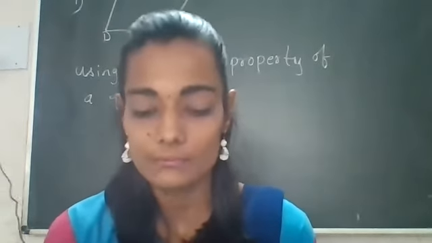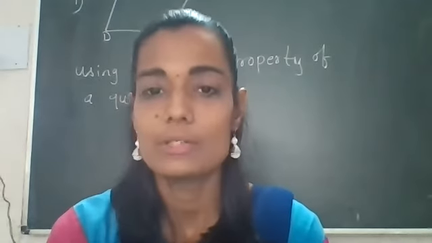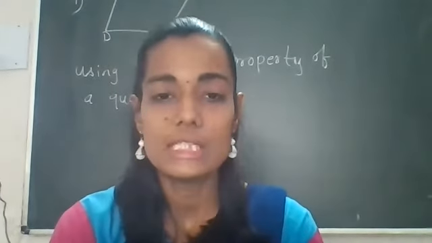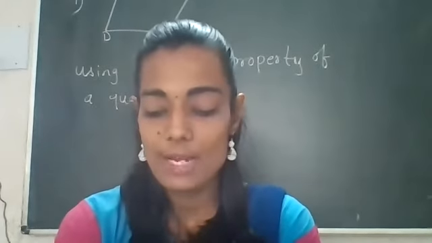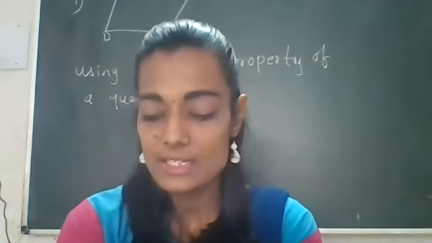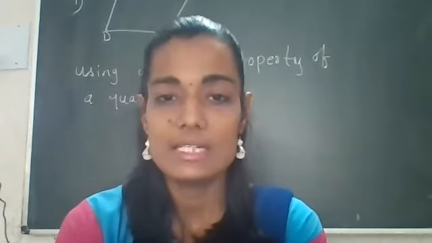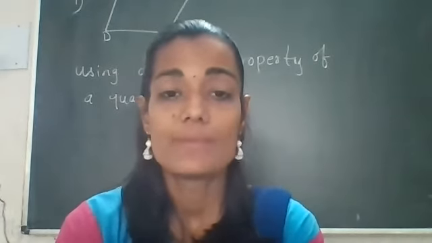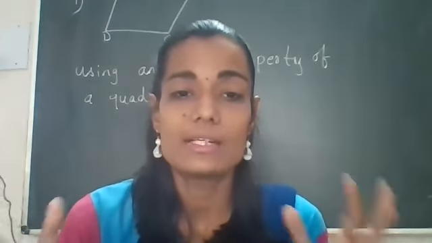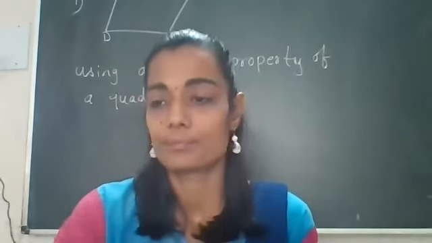Now we will go ahead with theorem 8.1. We will discuss just the theorem, not in detail. A diagonal of a parallelogram divides it into 2 congruent triangles. Means if the quadrilateral is there, then one of the diagonals will divide the quadrilateral into 2 equal triangles.